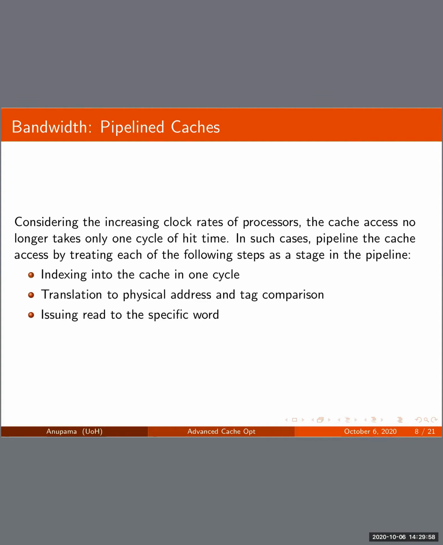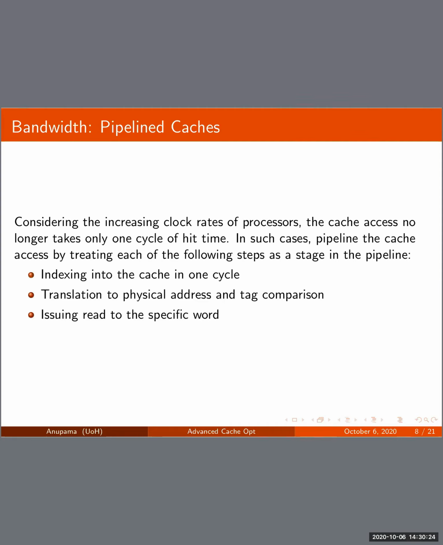What can be done is, if you have to write 8 bytes, 8 bytes, 8 bytes, like that 8 times, then you have to put 8 addresses on the address bus and then put 8 bytes on the data bus, and then come back again and put another address on the address bus and another 8 bytes of data on the data bus.